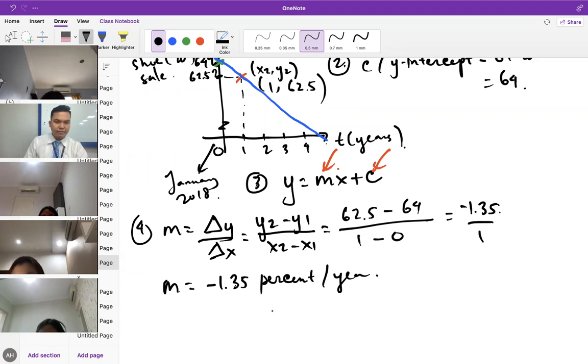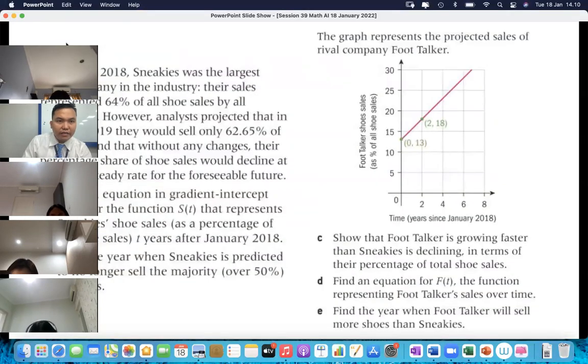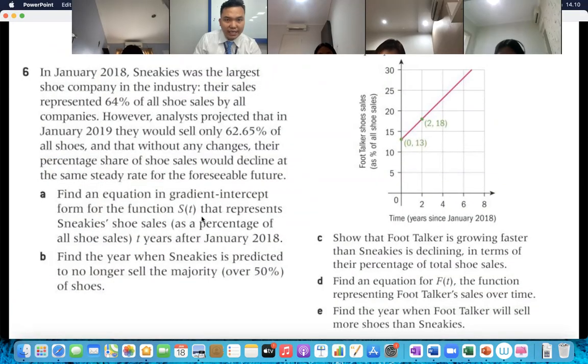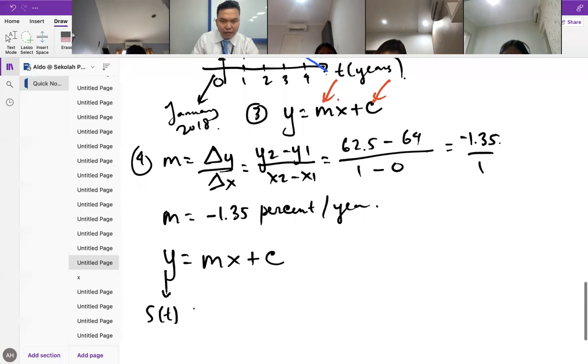That's your gradient. Therefore, the complete equation is y is equal to mx plus c. Now your y, based on the question, is talking about ST. So ST is equal to the gradient, minus 1.35, times T, since your x is no longer x but is in T years, plus the y-intercept.